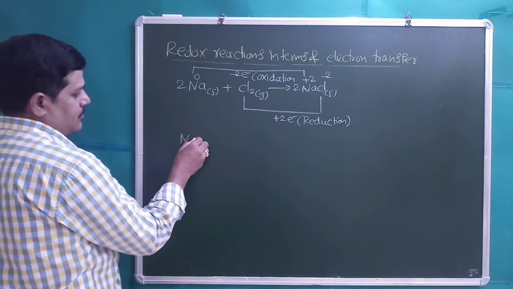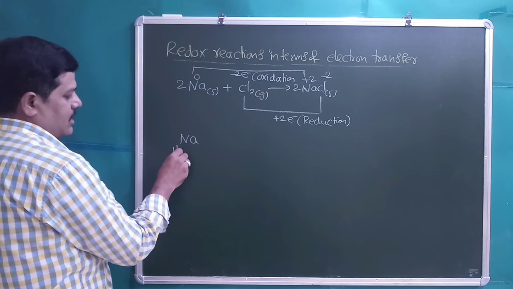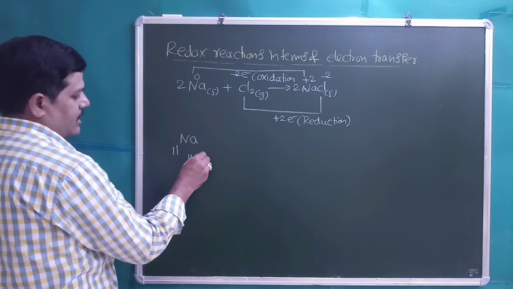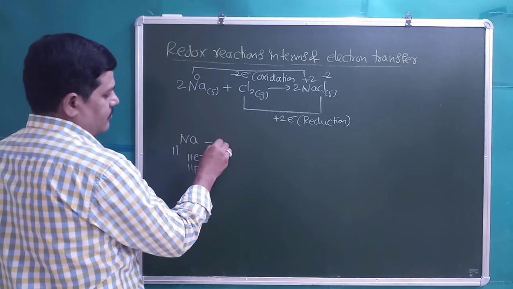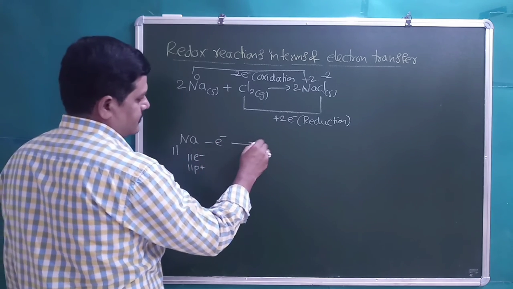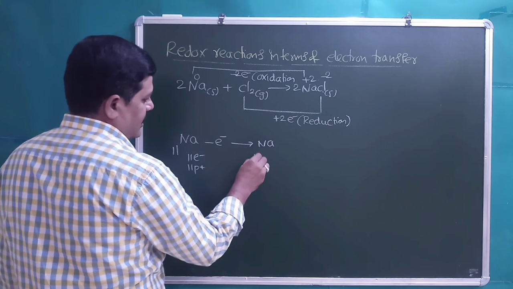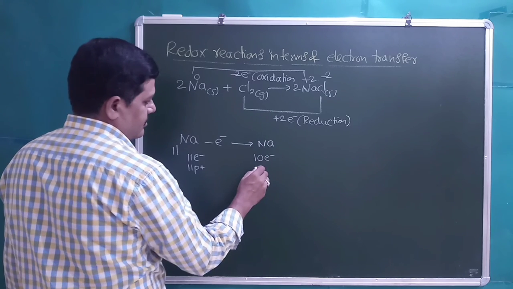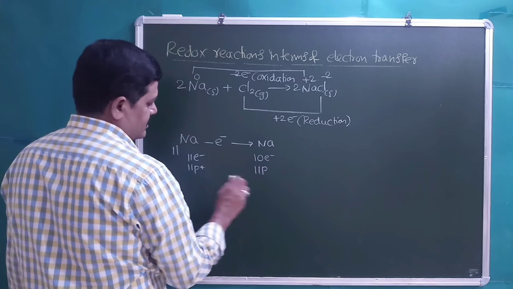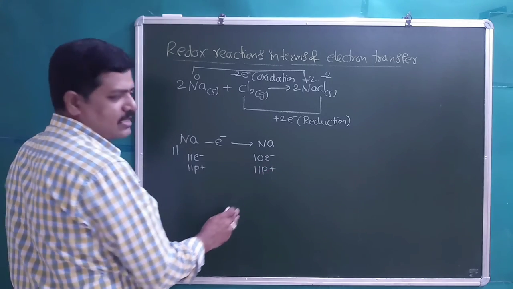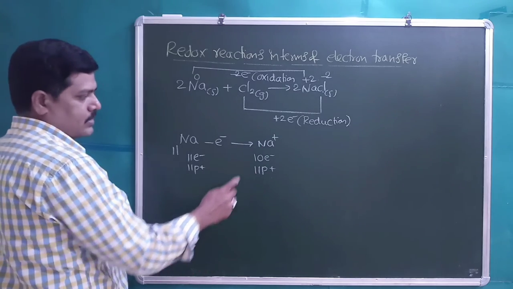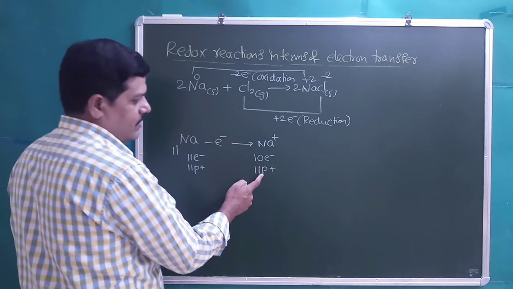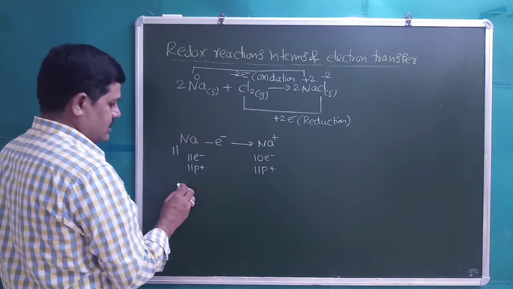Students, for example, if you take sodium, atomic number 11, it has 11 electrons and 11 protons. When 1 electron is lost, the number of electrons becomes 10, and the proton number remains the same. Positive charge is 1 excess, so it will get a positive charge.